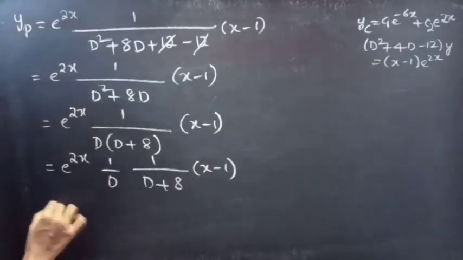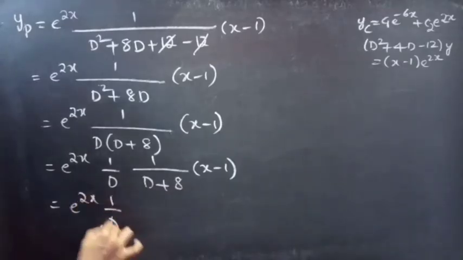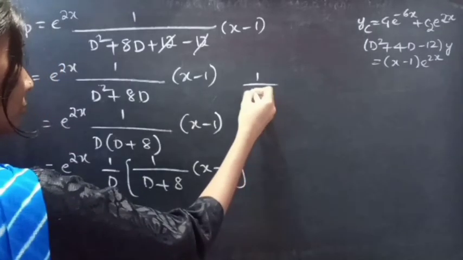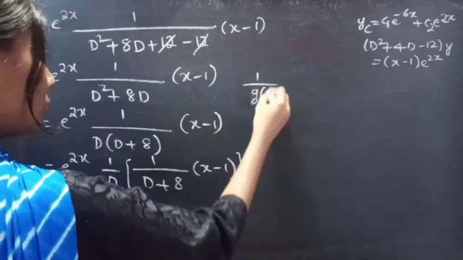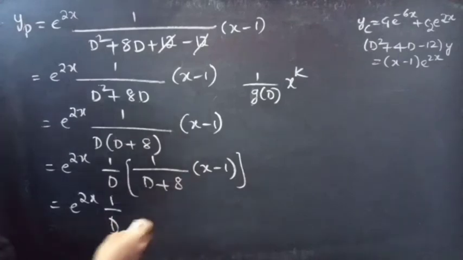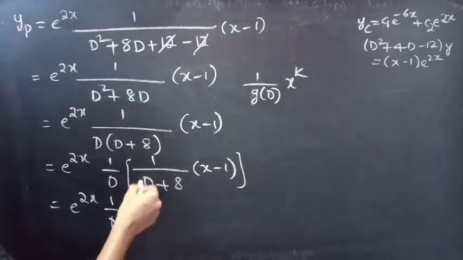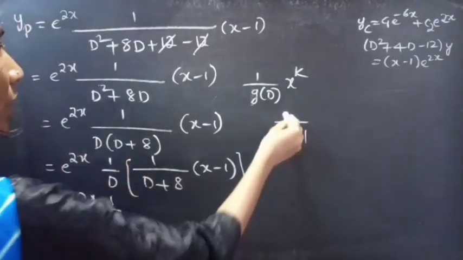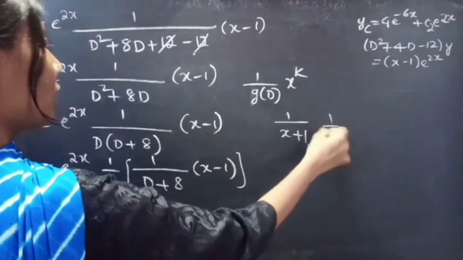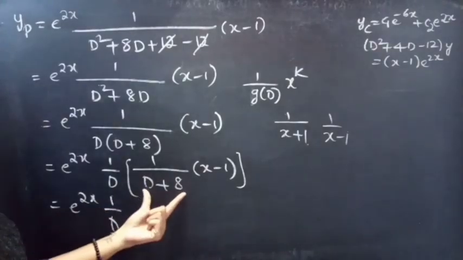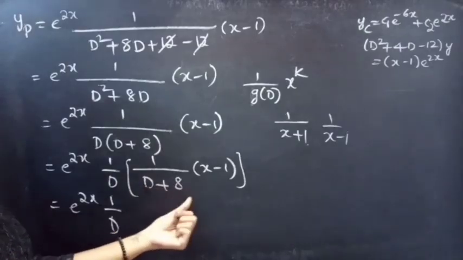Right? So this is equal to e power 2x into 1 by D into 1 by some function of D into x power k form. Okay. So now we can write this fraction as 1 by some 1 plus x or 1 by 1 minus x form. Here we have the denominator in descending order.